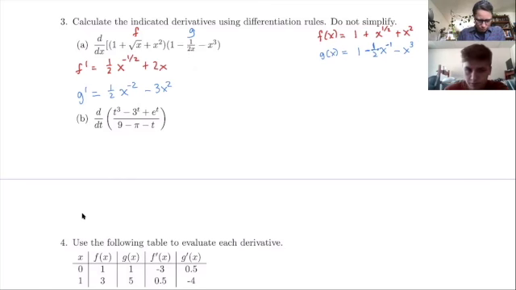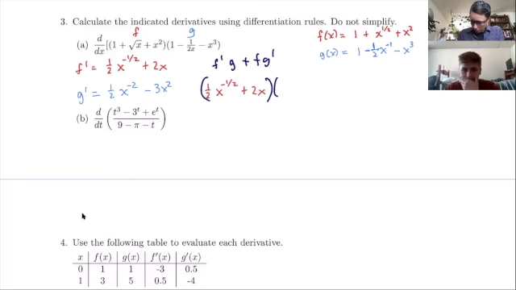Okay, so then putting this all together, I'm going to do f prime g plus f g prime. So f prime and then g was, oh, look at me, I already wrote this out.